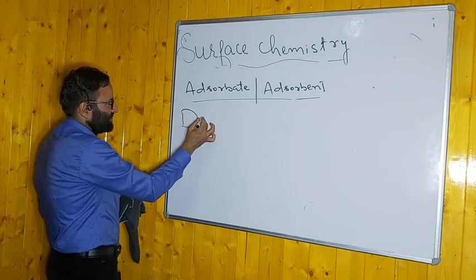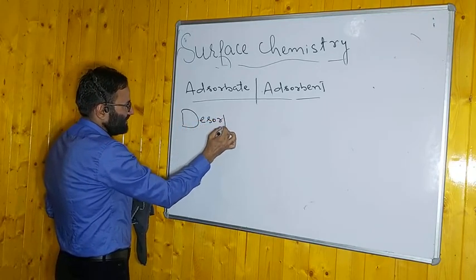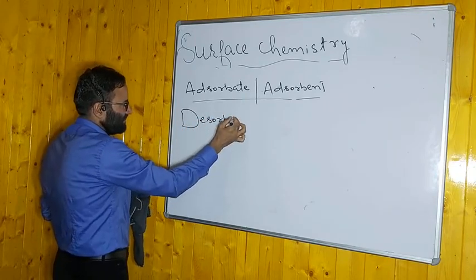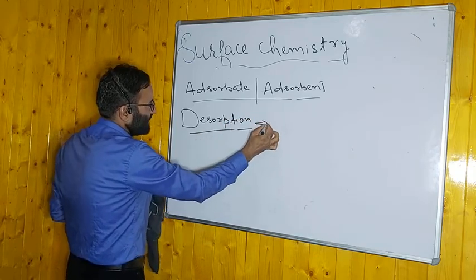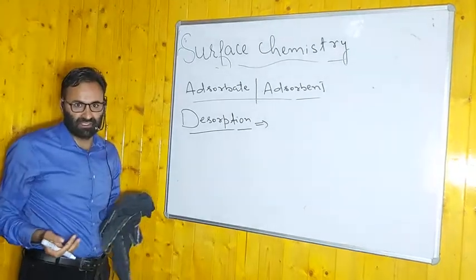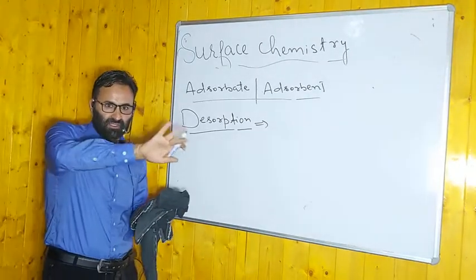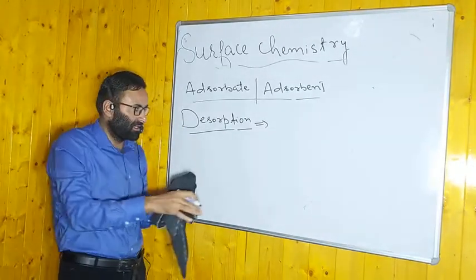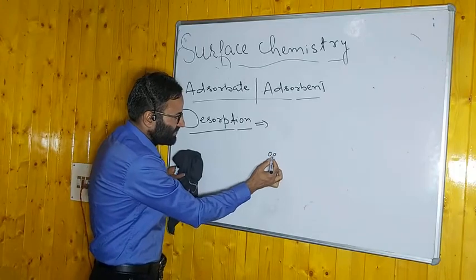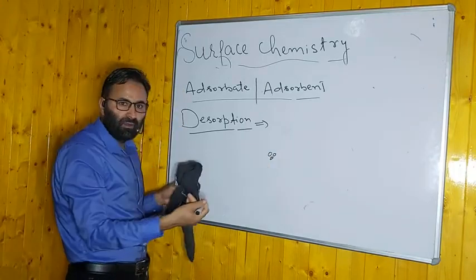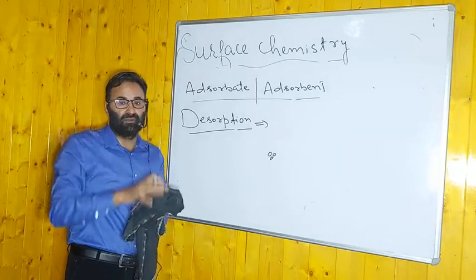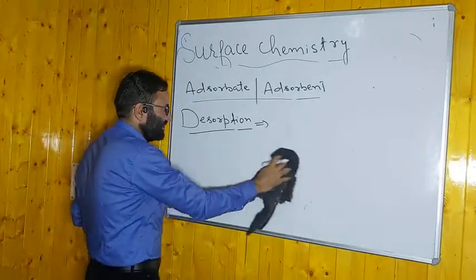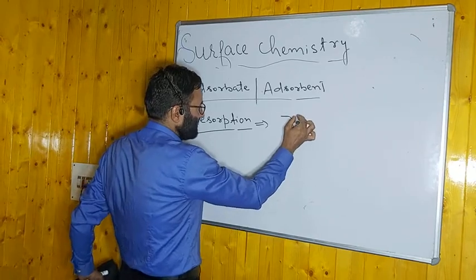You can mention third term. The first, adsorbate and adsorbent. We have the next one, desorption. Desorption means reverse process. If you try to remove the dust particles from the board, adsorbate particles from the adsorbent surface, this reverse process is known as desorption, the reverse process of adsorption.